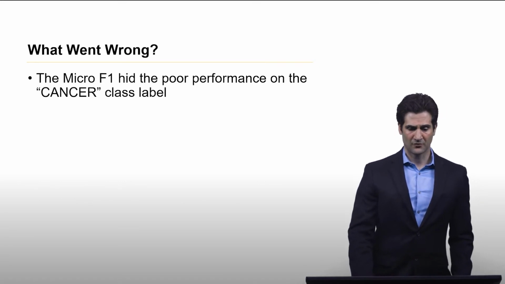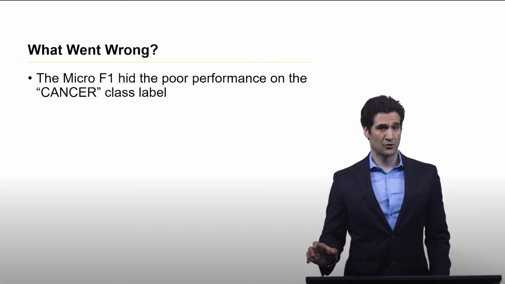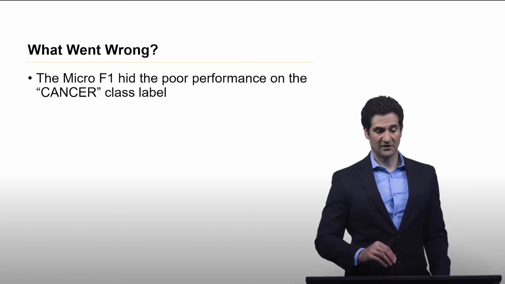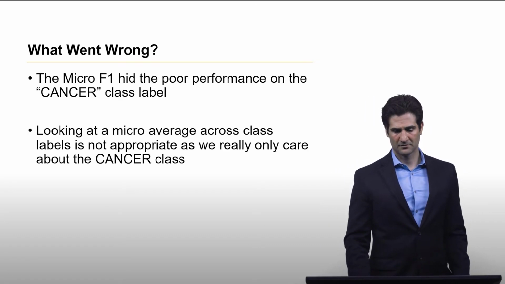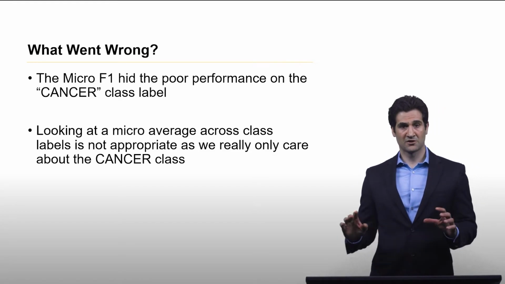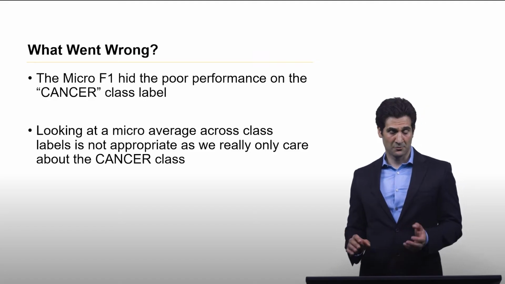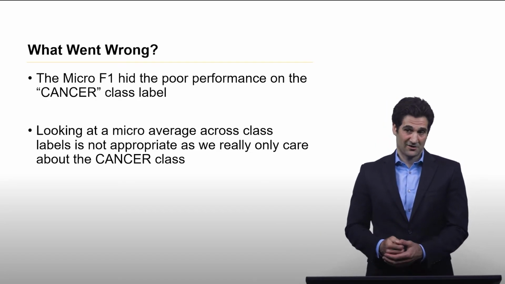So what went wrong? Well, the micro F1 score effectively hid the poor performance that this silly algorithm had on the cancerous class label. And looking at the micro average across class labels is not appropriate when really we only care about one class in particular, in this case the cancer class.